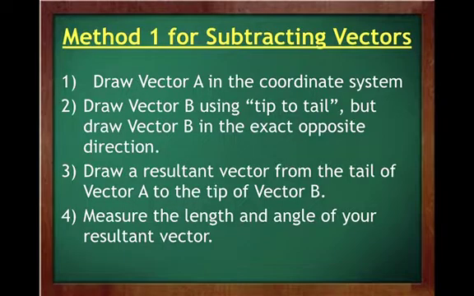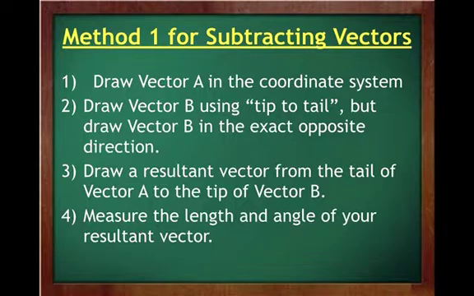You draw your first vector, then you draw your second vector. If you were doing vector A minus B, we draw vector A, no problem. But when we go to draw vector B tip to tail, it's adding the opposite, because it's negative B. So we would still draw it with the same magnitude, but in the opposite direction. If it had said it travels this many due east, we would draw it going due west.